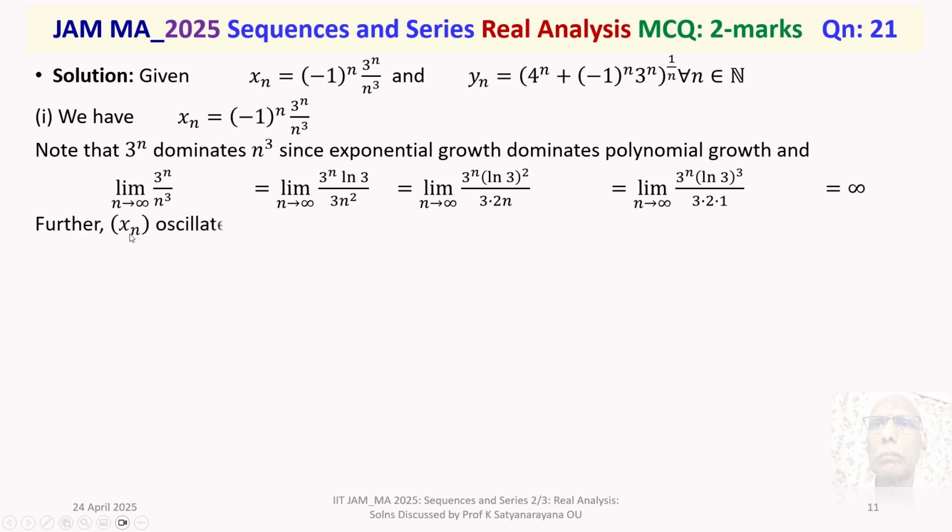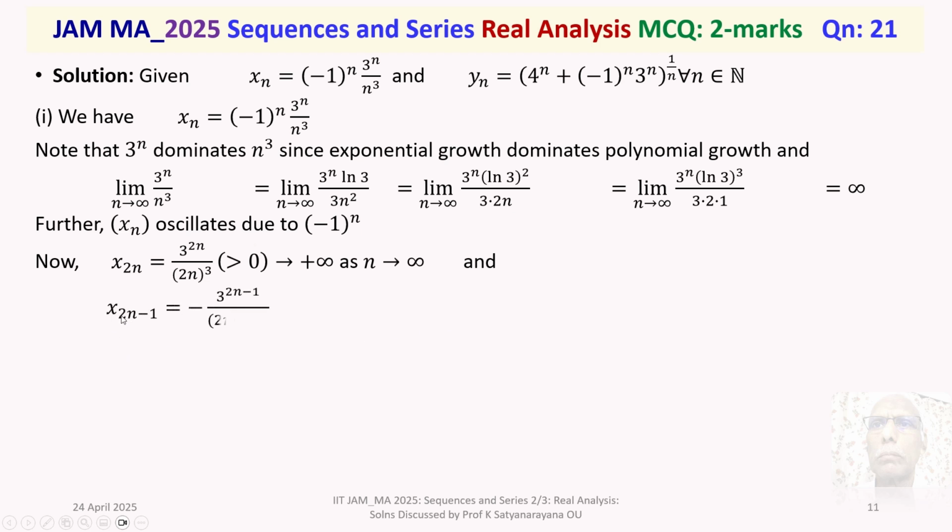Further, this sequence x_n oscillates. Why does it oscillate? Because of the presence of (-1)^n. Now let us take the even indexed terms x_{2n}, that is 3^{2n} by (2n) whole cube. Each is positive and it tends to infinity as n tends to infinity.